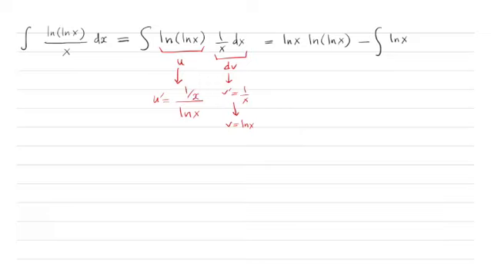So we get du here, 1 over x over ln of x dx, and the two ln's cancel each other, and we are left with ln of x ln of x minus the integral of 1 over x dx, and that's an easy integral to compute.